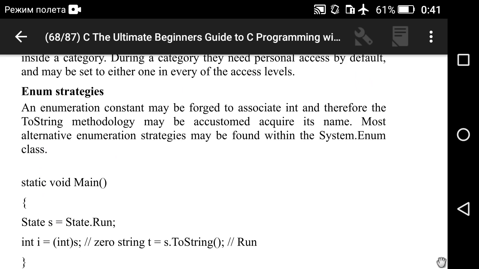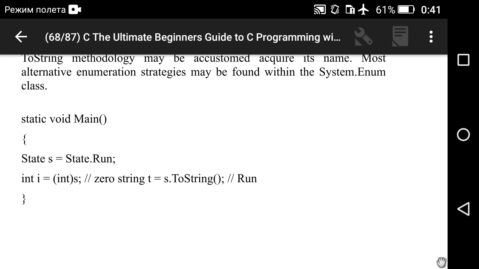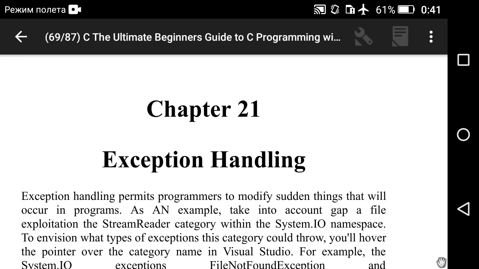Most other enumeration methods can be found within the System.Enum class. static void Main, State s = State.Run; int i = (int)s; // 0; string t = s.ToString(); // Run. That's all.